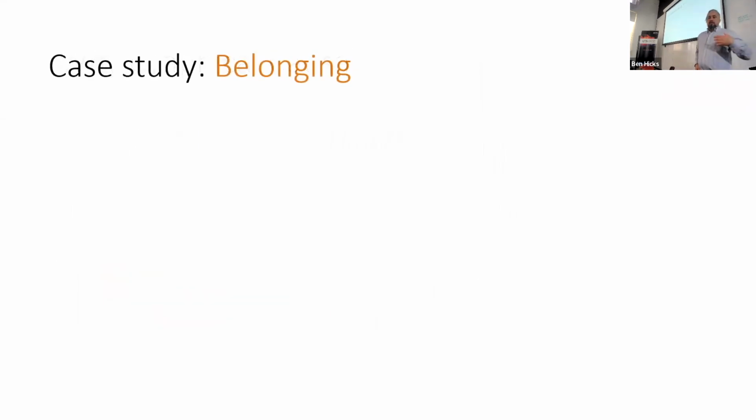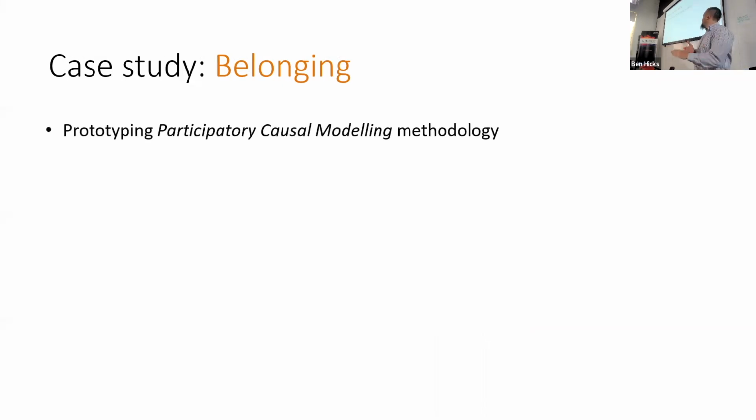So the next step was to take that hypothetical, artificial construct of the conversation and actually do one with myself as a data expert and some other experts in the context that we're interested in studying. There was some work happening at Kick on belonging, the student's sense of belonging, and I thought this was a good chance to prototype this participatory causal modeling methodology.